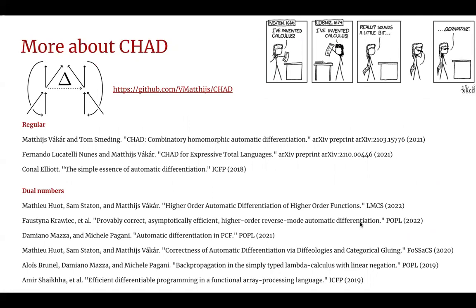I have some references here to read up on dual numbers. And there's a comic here because it sounds like we've done something very impressive and redefined differentiation, but ultimately it's still regular differentiation. People have been studying this for centuries, so there isn't much new under the sun, but the presentation is a bit different.